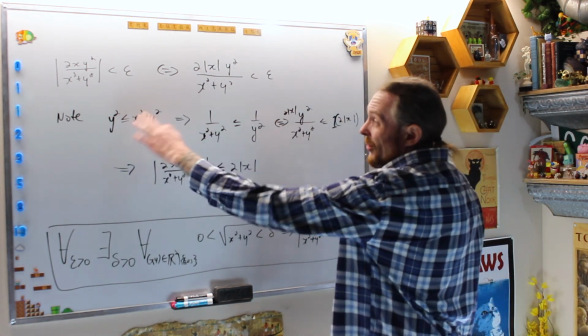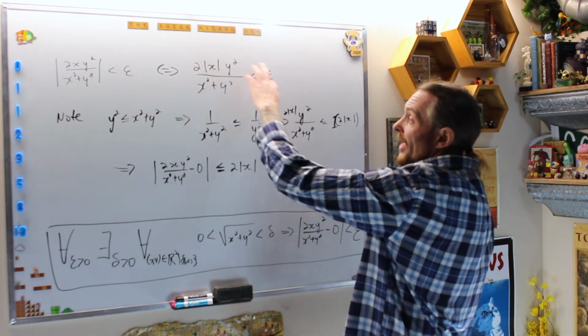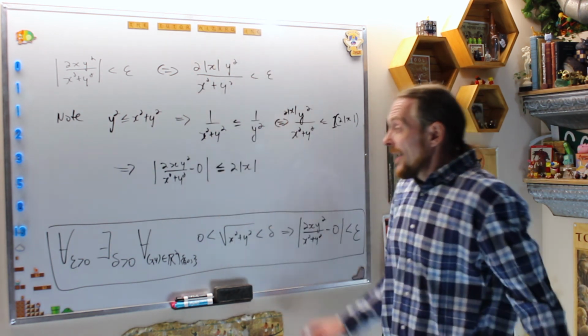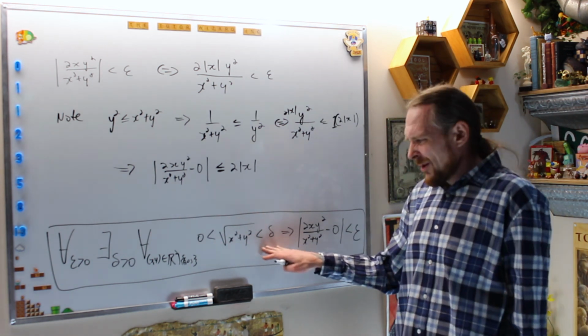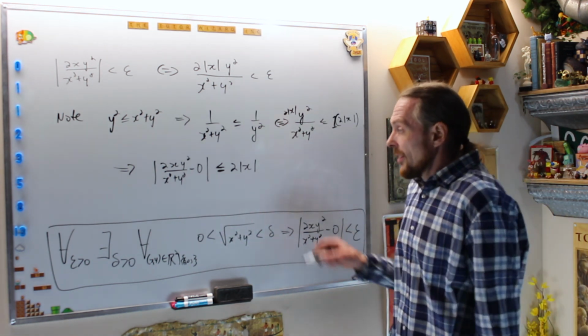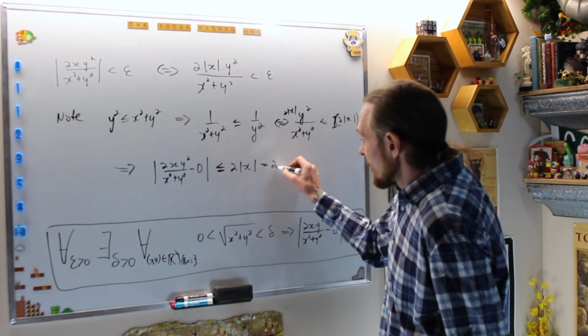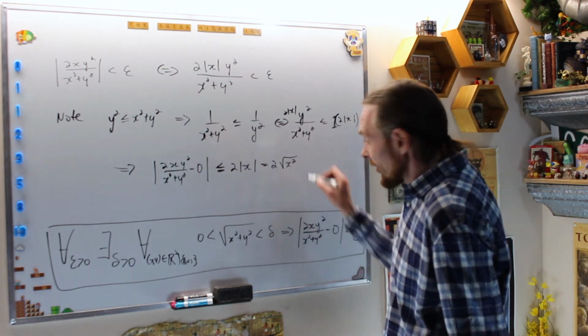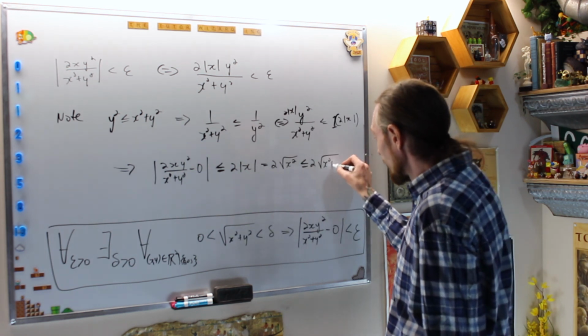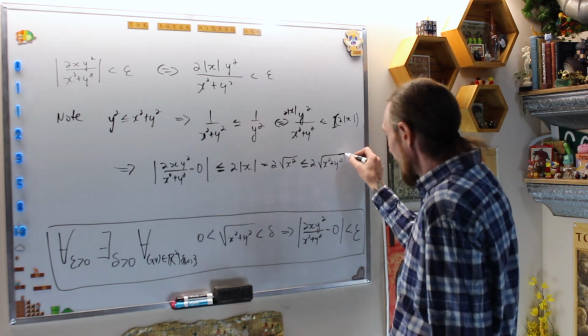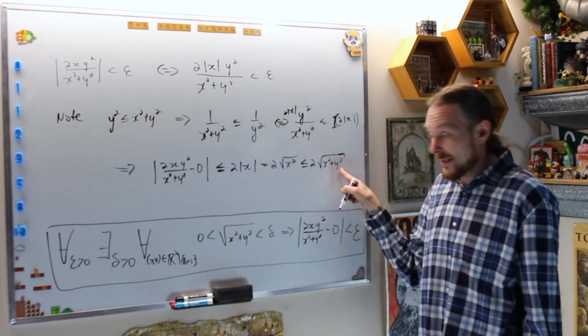Basically, I'm using inequalities to cook up this expression, and I want to find where it's less than delta, so I want to compare it to this somehow, so I can cook up a delta. What I noticed cleverly is this is 2 times the square root of x squared, and that has to be less than or equal to 2 times the square root of x squared plus y squared, because if I add a positive or non-zero quantity, it can only get bigger.